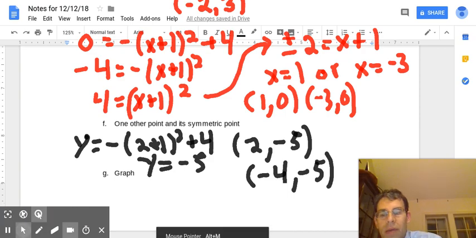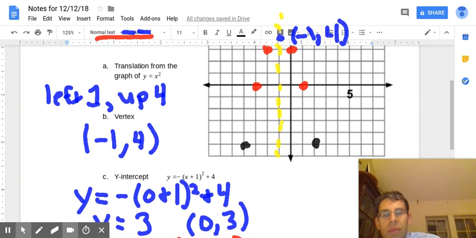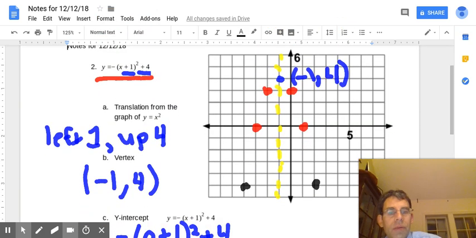One other thing quickly, besides plotting all of these points to do this, we can actually use what Elena was saying on Monday in class, that since our regular graph went over 1 and up 1, and then over 2 and up 4, and over 3 and up 9, and this graph doesn't have a vertical stretch or compression.